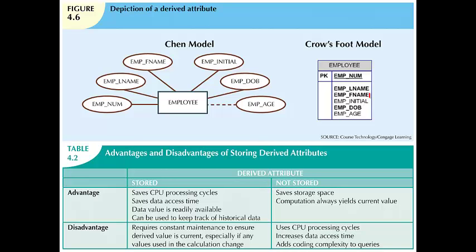When it's something beyond that, then you have to do a more careful consideration of when to derive, because it really increases CPU cycles, which means it slows down your system, and then you also have the complexity of writing the code.